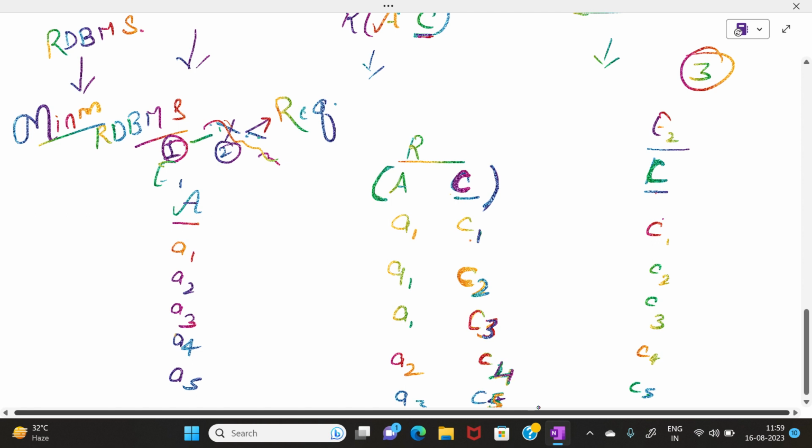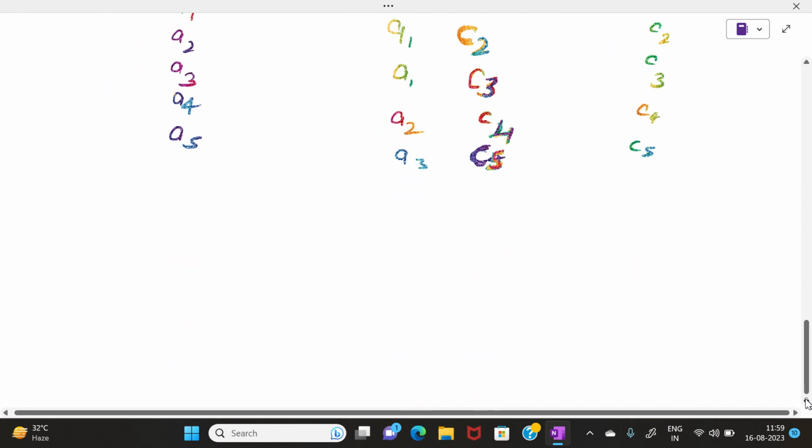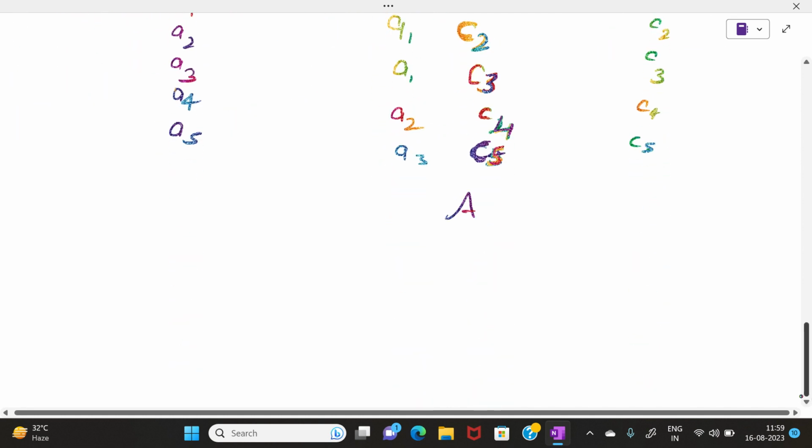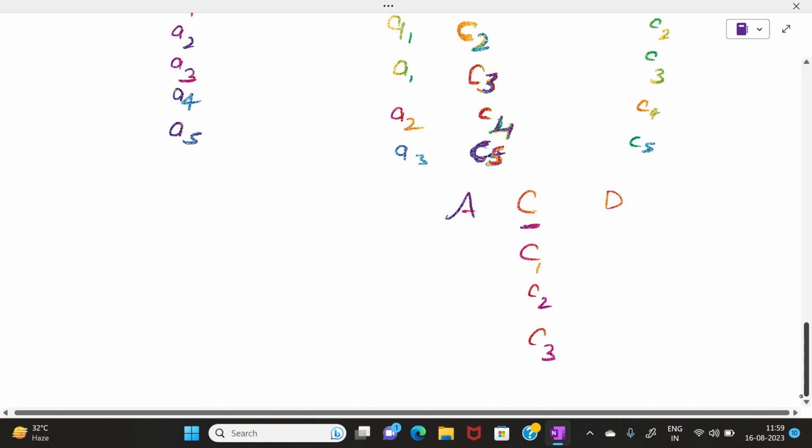If this is the condition of this table, and we are merging R into E2, what will happen? AC will be there and D, of course. C is the candidate key for both of them. So C will be C1, C2, C3, C4 and C5, and here we can have any values of A1, A1, A2, A3.